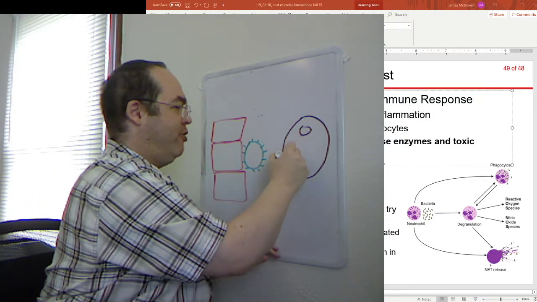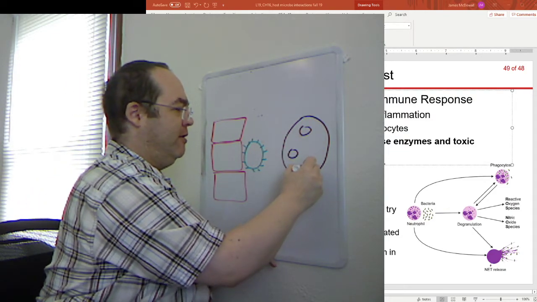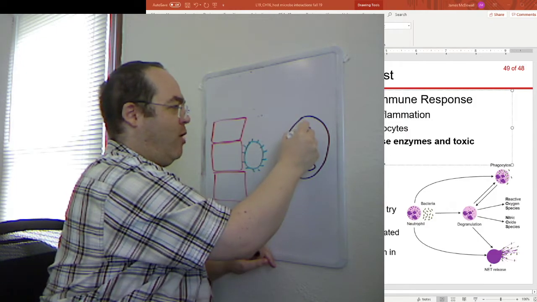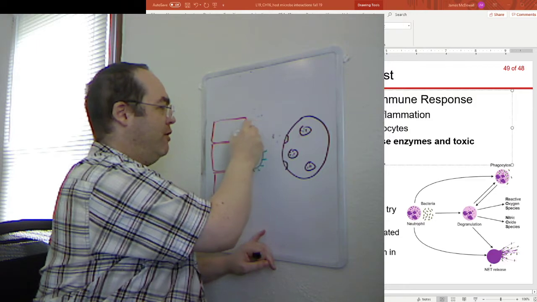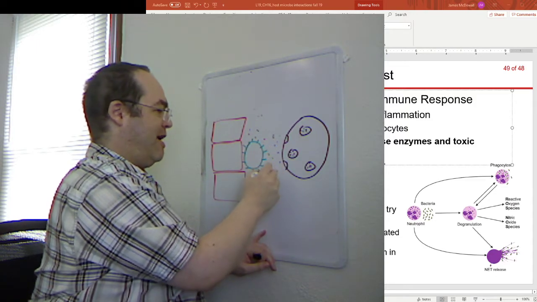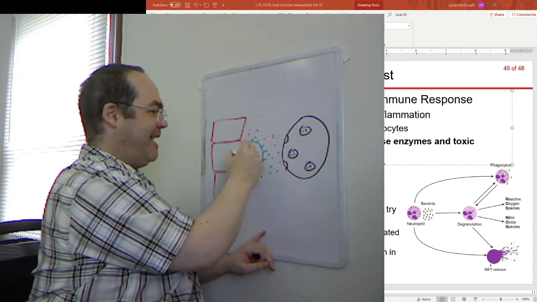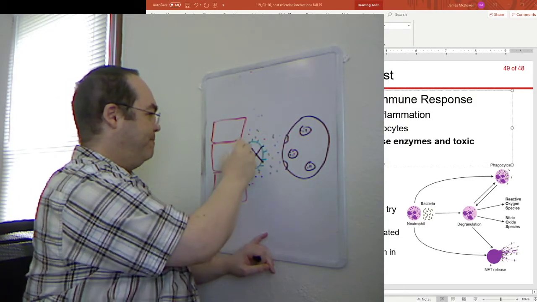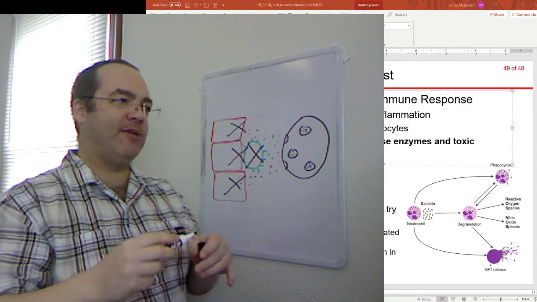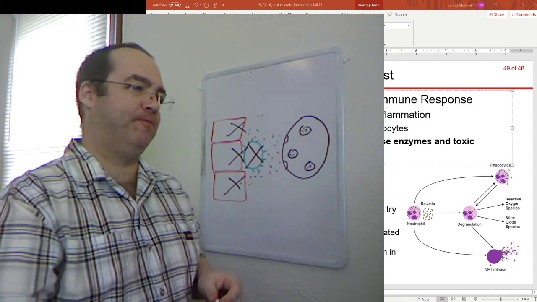Here are our toxic granules inside the neutrophil. And one response from the neutrophil is just to barf out all those toxic chemicals. And yes, that kills the bacteria, but at the same time, it's damaging to our own tissues.